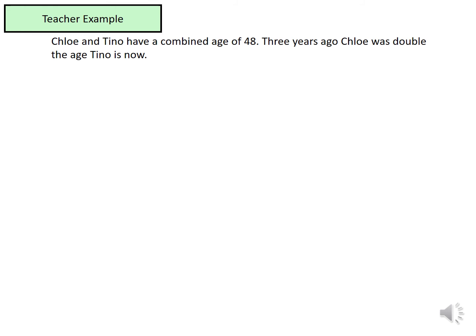Next example. Chloe and Tino have a combination of age of 48. That's going to be our first equation. When we say combination, that means add. To start with, I'm going to call Chloe's age x, and Tino's age y. So the first part is, if you combine x and y, you get 48.